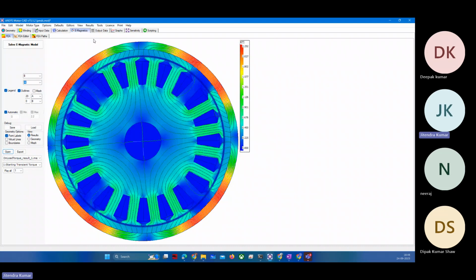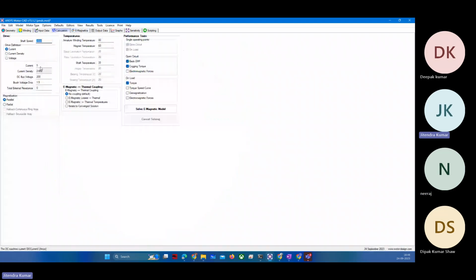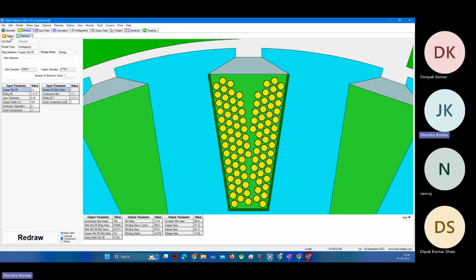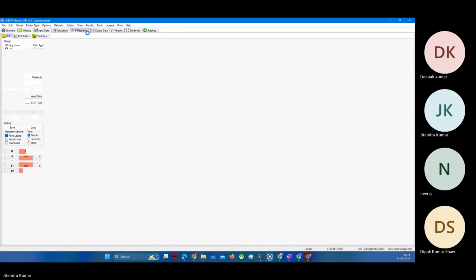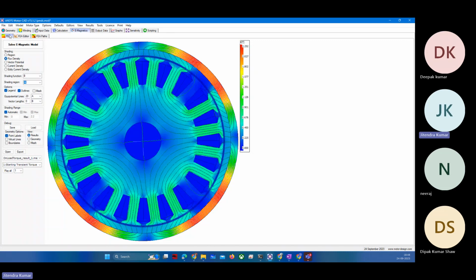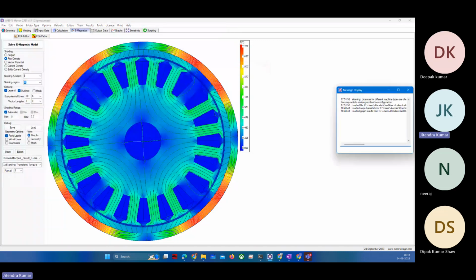So this is the model where we have provided 5 amps of current, and I have kept 3000 rpm rotation speed of the machine. I am considering 1.5 volts of brush voltage drop, and the windings are the same, the same pattern as I showed earlier. Now let me bring back the results.